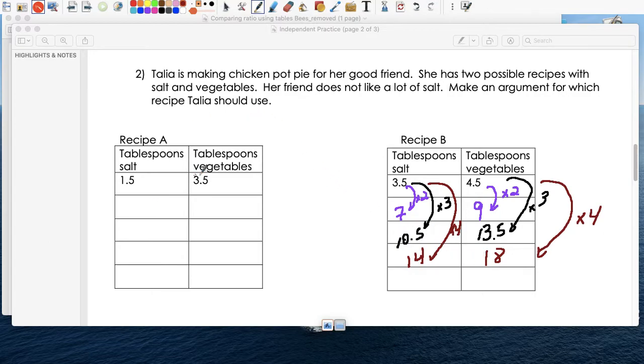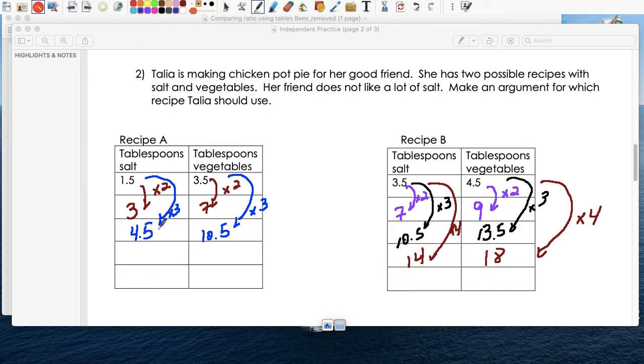Okay, so let's do over here. Times 2 is 7. Times 2 is 3. So 3 and 7, todavía no hay números iguales, so let's do more. I'm going to do times 3. Times 3, 7, 10.5. And then times 3 here, it's going to be 4.5.